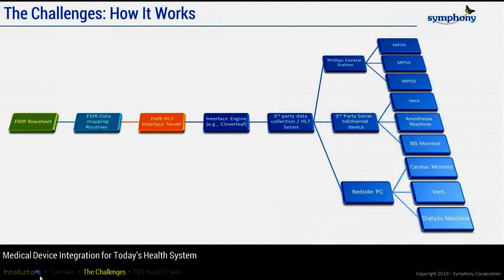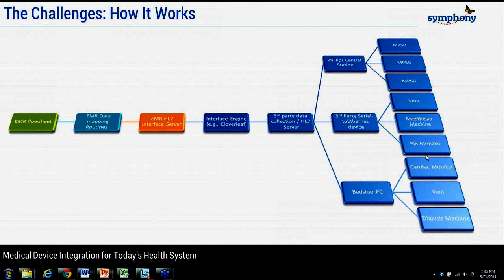From that you have a server, again collecting the data from the intermediary devices, putting it all together, and sending it on to an interface engine in most cases, because the interface engine provides additional flexibility that's not provided in some other pieces of software. And most organizations actually have protocols that require an interface engine for any kind of interface like this.